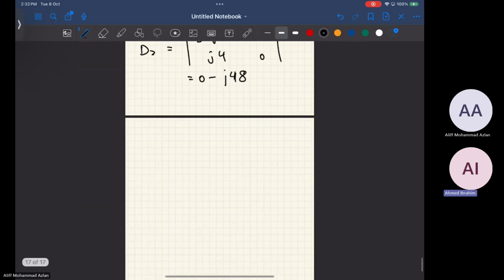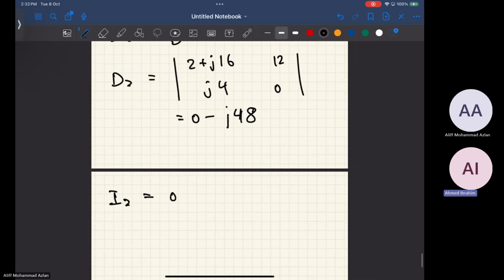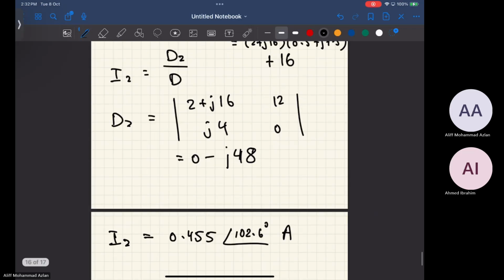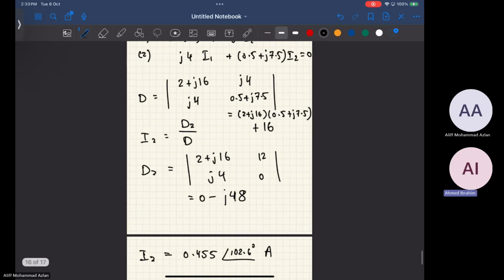And so if we divide these two values, we get I2 equals 455 with an angle of 102.6 degrees. So that's generally a lot easier than trying to do substitutions and making a silly error somewhere with a sign.